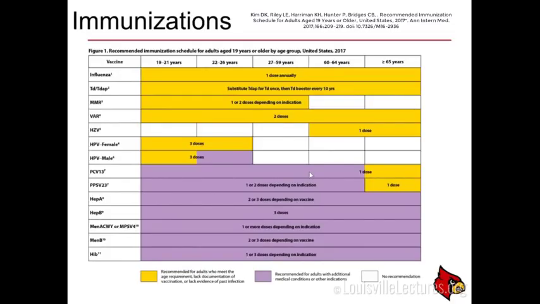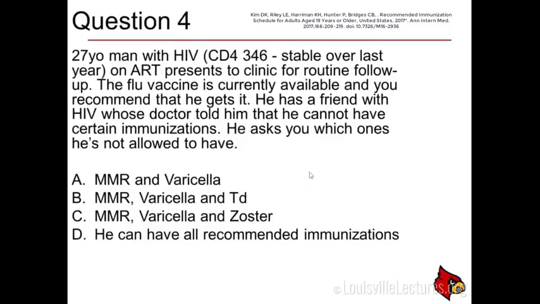And then let's go through some other special populations. You have a 27-year-old man with HIV. His CD4 count is 346. It's been stable over the last year. He's on antiretroviral therapy. He presents to clinic for routine follow-up. The flu vaccine is currently available, and you recommend that he gets it.